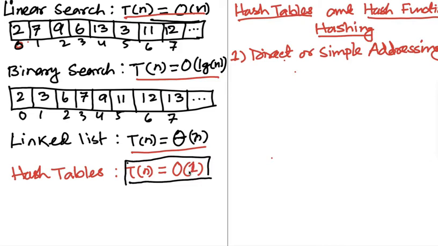One means one millisecond or one microsecond, whatever you say; that is constant time. The goal of hash tables is to implement a data structure that reduces our time complexity for searching. That is the concept and use of hash tables.